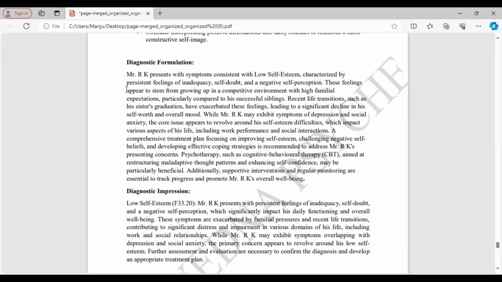While Mr. RK may exhibit symptoms overlapping with depression and social anxiety, the primary concern appears to revolve around his low self esteem. Further assessment and evaluation are necessary to confirm the diagnosis and develop an appropriate treatment plan. So, this way, we complete the report.